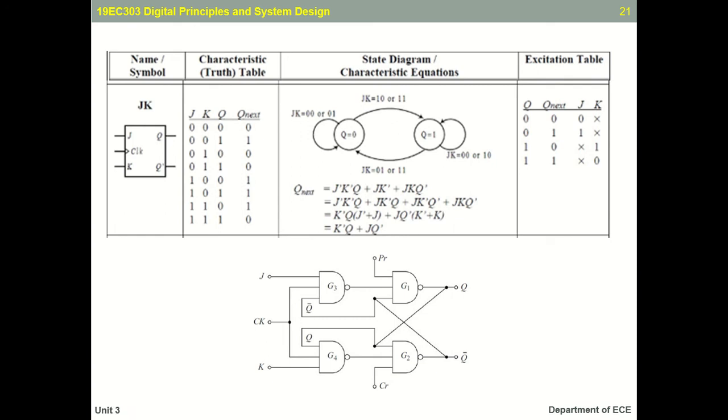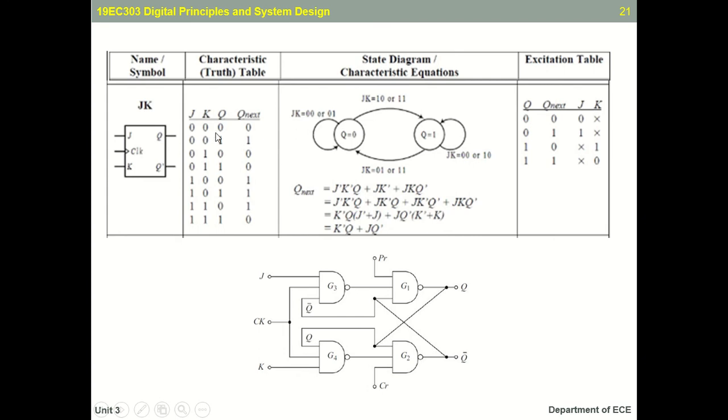And we can very easily write the characteristic table, state diagram, characteristic equation and excitation table. The state diagram is very much needed, because when we go for state reduction, these tables are very important. And when you know this characteristic table, drawing the state table is also a very easy task.